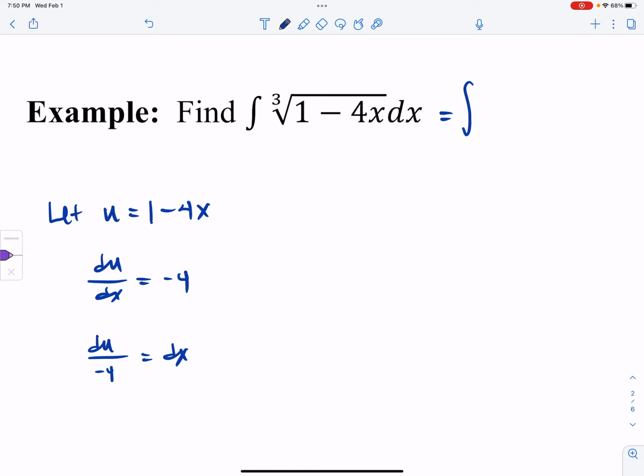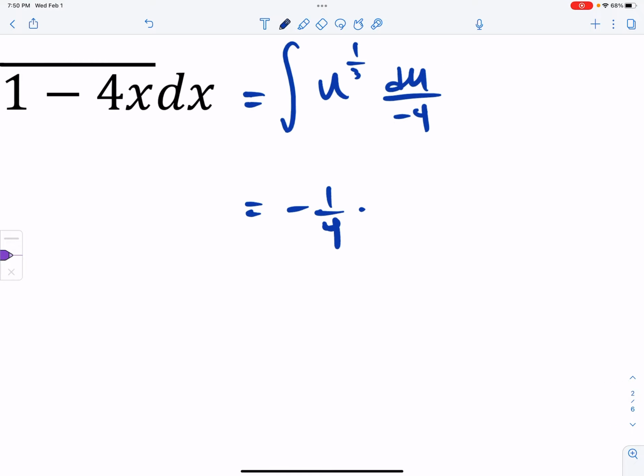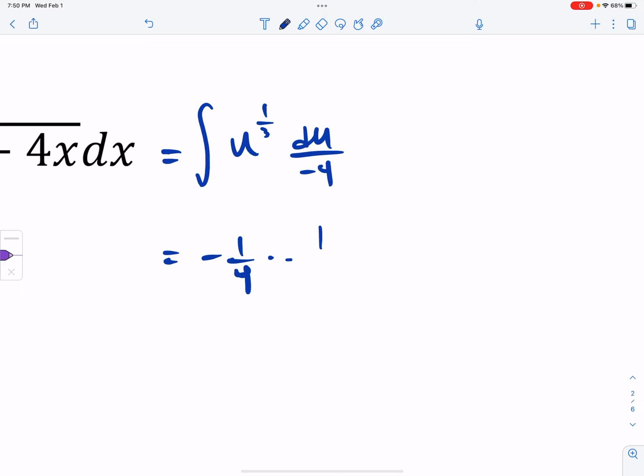So we'll have the cube root of u, which is the same as u to the 1/3. And then I'm replacing dx with du over -4. So I can pull the -1/4 out, and then I'm thinking about integrating using the power rule, u to the 1/3. So 1 over 1/3 plus 1, u to the 1/3 plus 1 plus c.